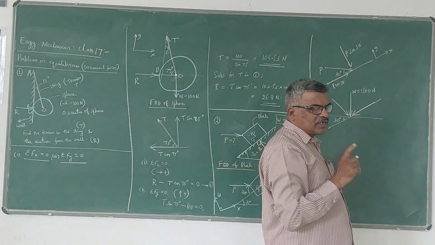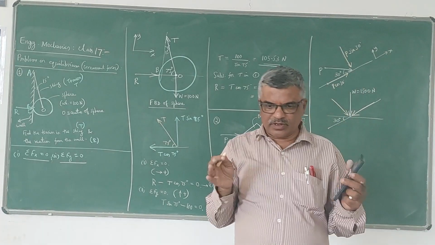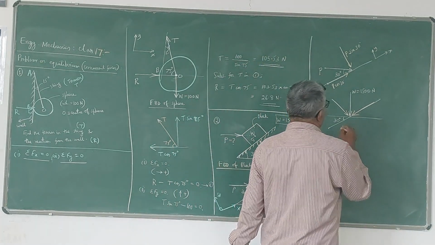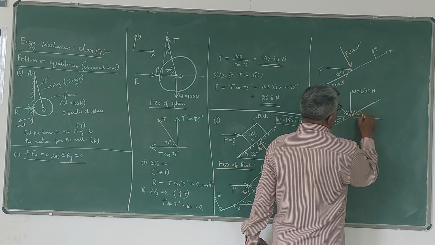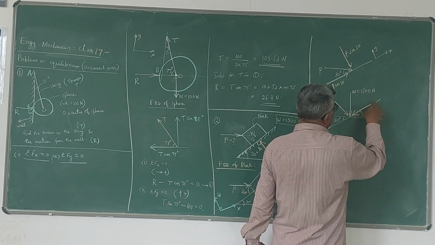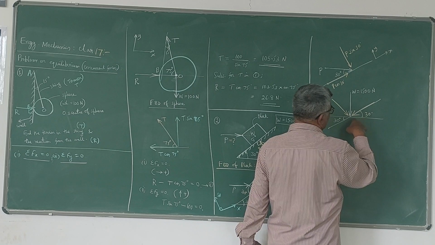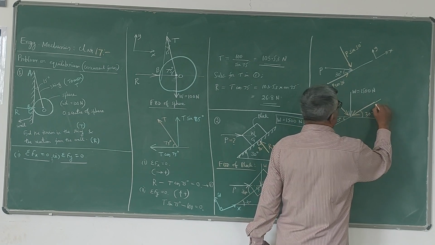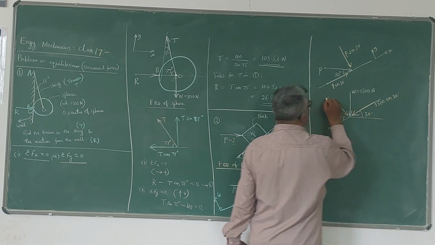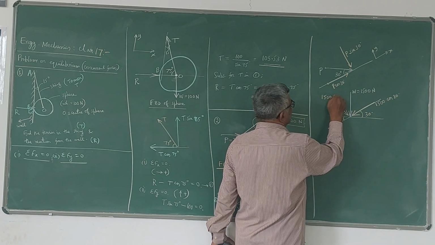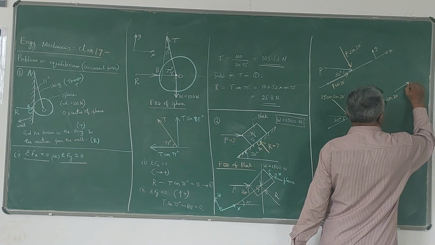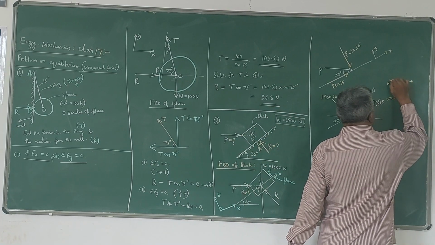You have to resolve in such a way that both the arrows of the components meet at the arrow of the force. Now when this is 30, this becomes 30. Be careful here. So this force is making an angle of 30 with horizontal. Therefore this is 1500 cos 30 and this is 1500 sin 30. Automatically the other one will be sin 30. So here also this is the x-axis, this is the y-axis.